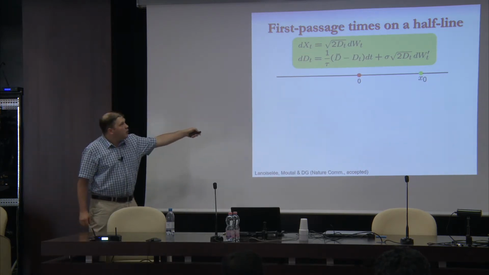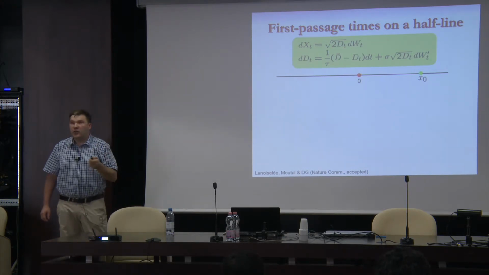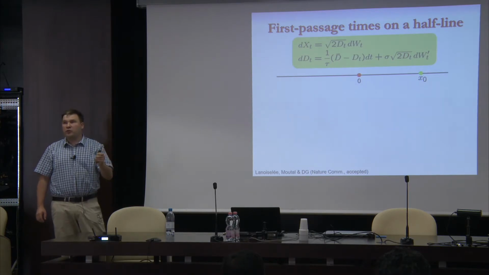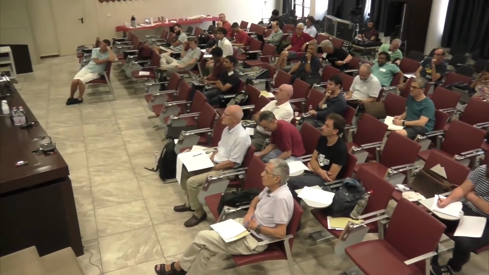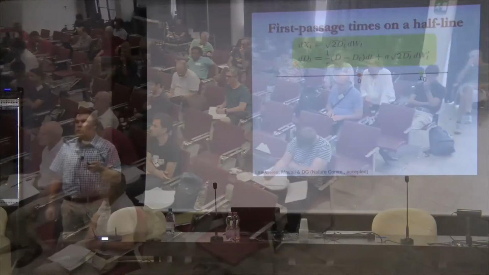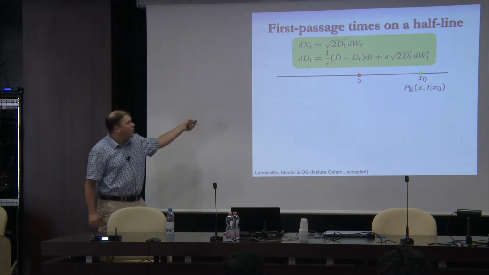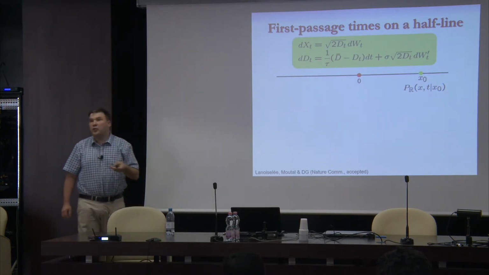The good point here with this target is that you don't need to modify the stochastic equation itself. You just stop the process when you arrive at the target. And that allows you, again, to write the Fokker-Planck equation. But in fact, in this particular case, you don't need it. Because essentially, you have your propagator on the whole line, and then you use just the method of images.